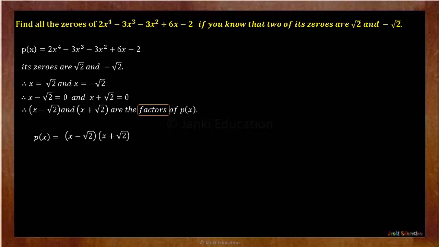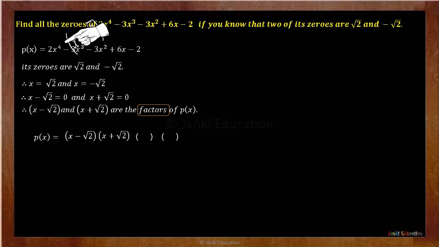And one more important thing: the highest degree of the polynomial here is 4, so we will have at most 4 zeros for this polynomial, so there may be 4 factors. That means another 2 more factors will be there which we need to find out.